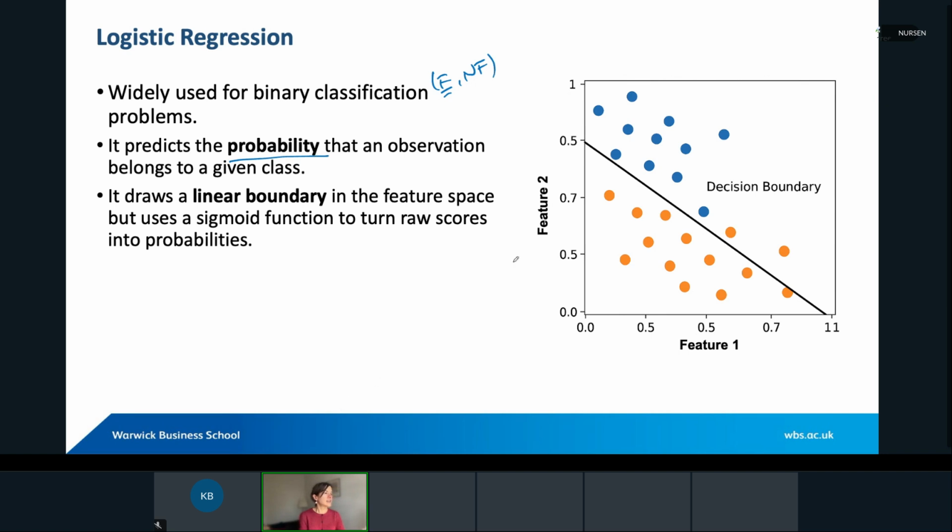And it uses, again, a linear decision boundary, which is the combination of the features from our data set. When we obtain this decision boundary, it uses a transformation to obtain the class prediction probabilities. And this transformation is done with the sigmoid function. We are not going into the details. You don't need to worry about this.